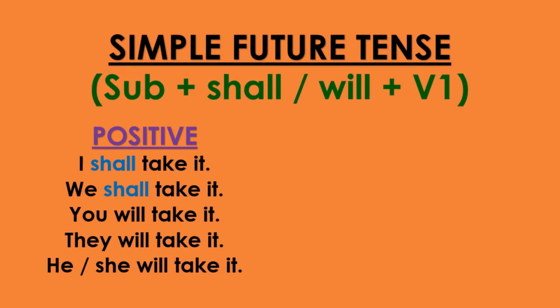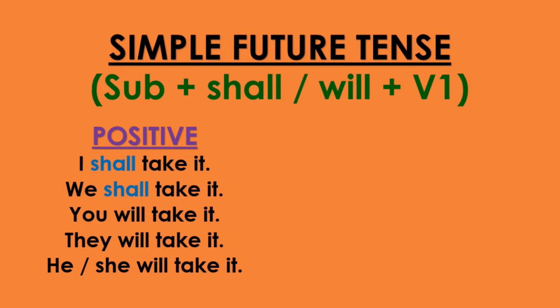Now here we need to understand that for first person singular number and for first person plural number, we use shall and not will. Therefore, students, we should always keep in mind that the auxiliary verb shall is used with first person singular number and the first person plural number. And for the rest of the pronouns, we use will.